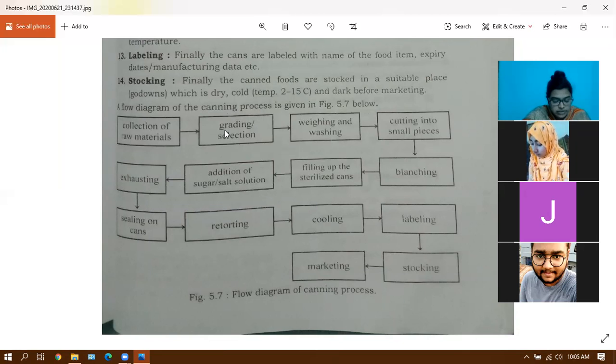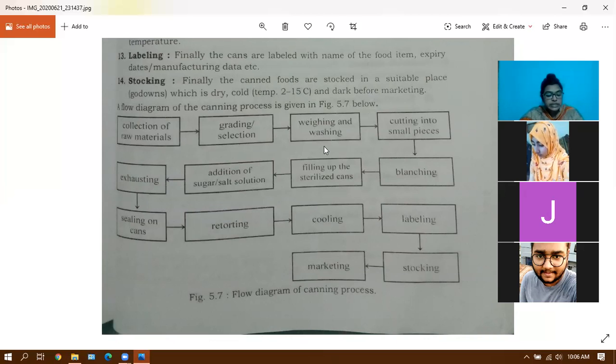What is selection? In this process, unwanted parts of the vegetables, foods are rejected and seeds of foods are eliminated, fat bones and ripe mangoes, that is ripe fruits, ripe vegetables are eliminated in this process. Next, washing.